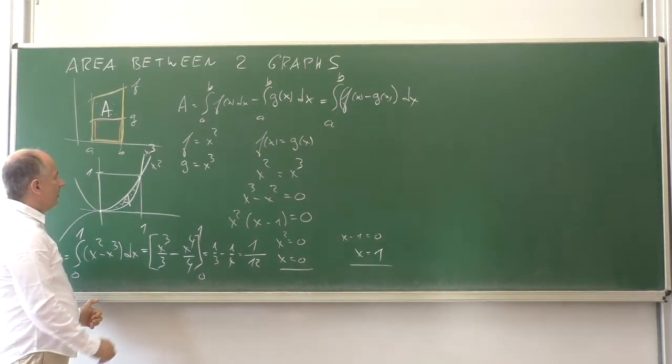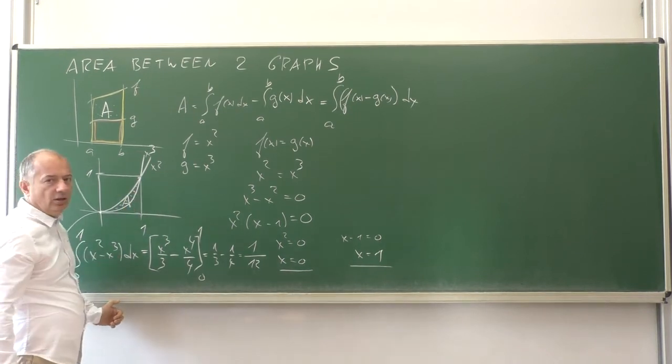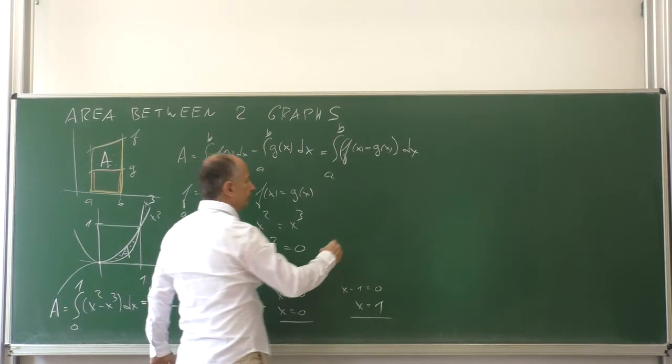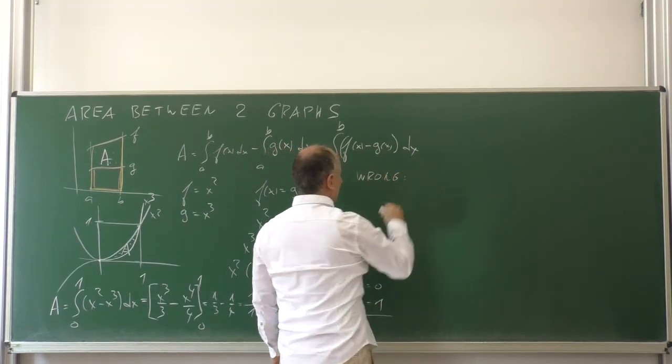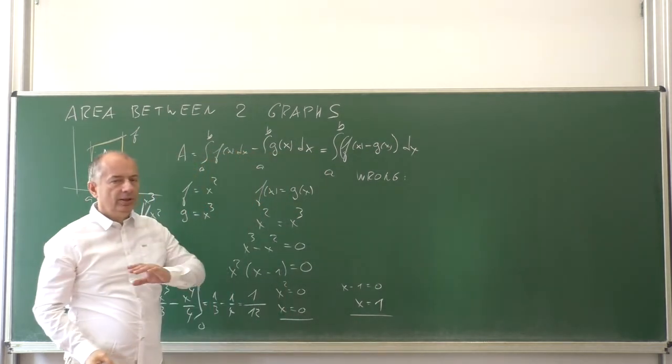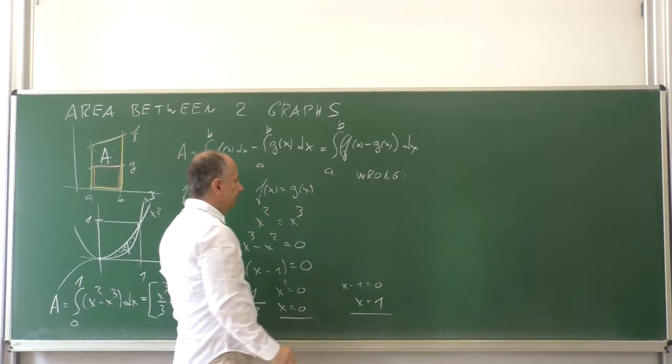If we make a mistake and if we write the two functions in an opposite order, which is the wrong way, but let me illustrate where it goes.